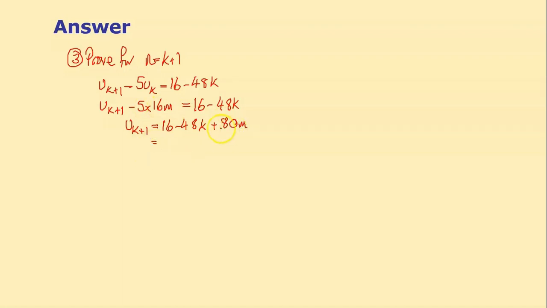And the great thing about this is now I can rewrite this as a multiple of 16. 16 comes out as a common factor. I get 1 minus 3k. Oh, look at that. Plus 5m again.